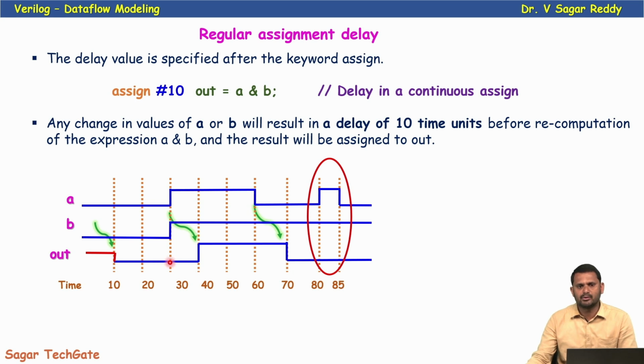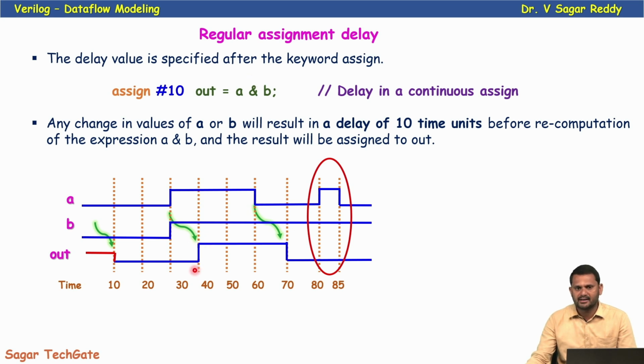Till time unit 30, if you see here, both A and B change. A becomes 1 and B becomes 1. At time unit 30, both are 1, but what is the output?